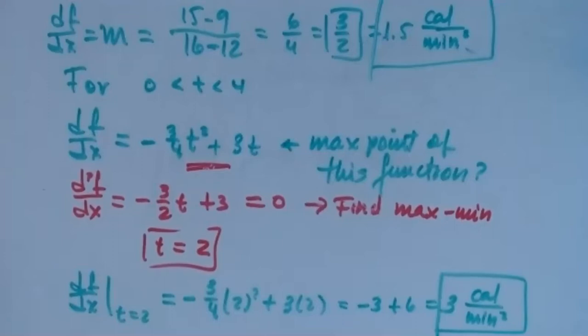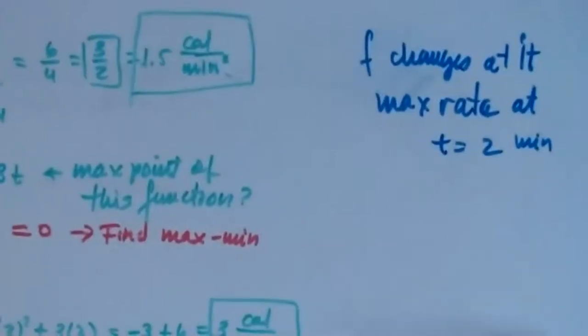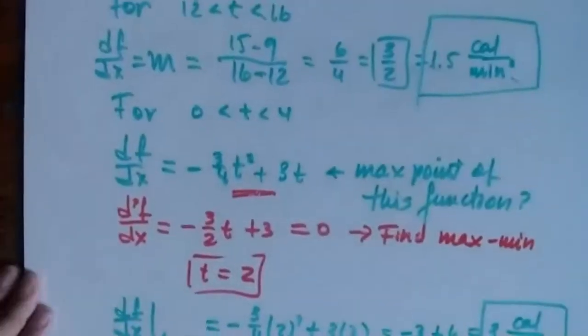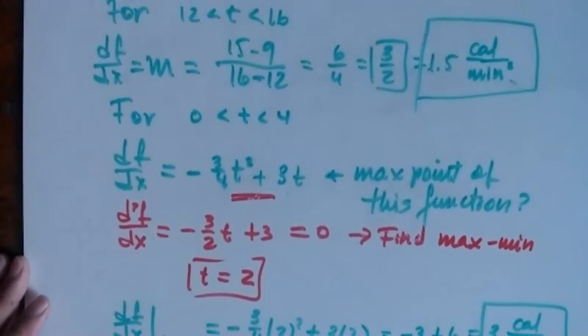And then you do what you know: derivative equals 0, solve, and then you put this number right here in this rate of change, and then you get the number. And this is more than this, so it is t equals 2, correct? Questions? No questions?